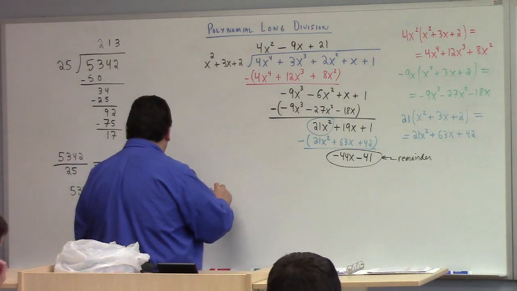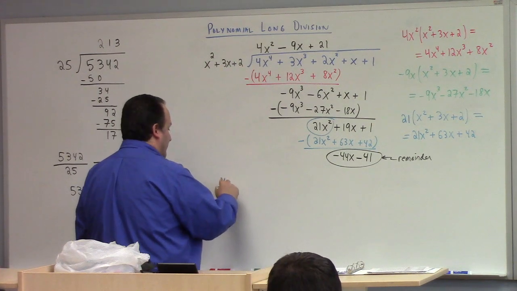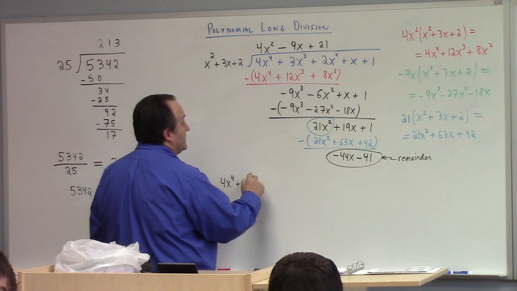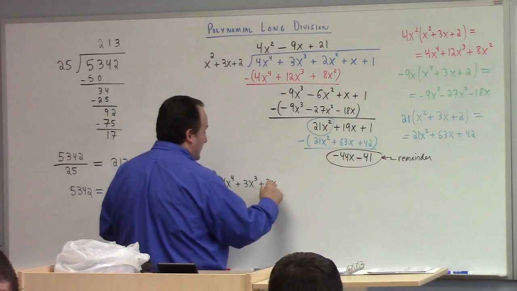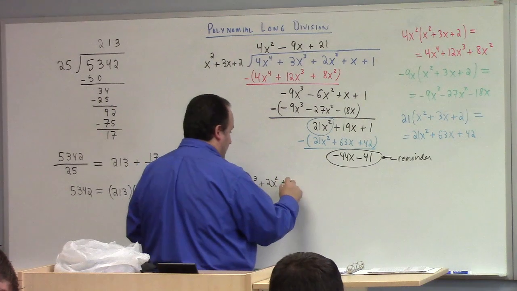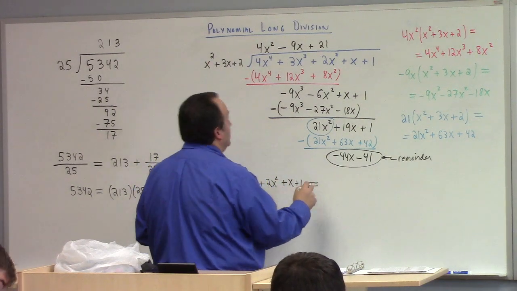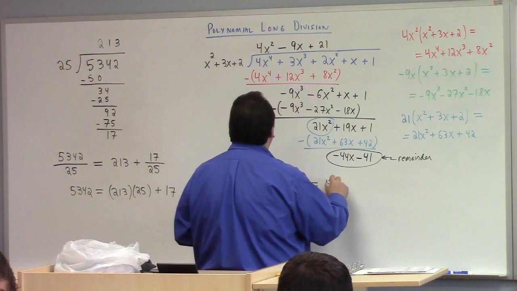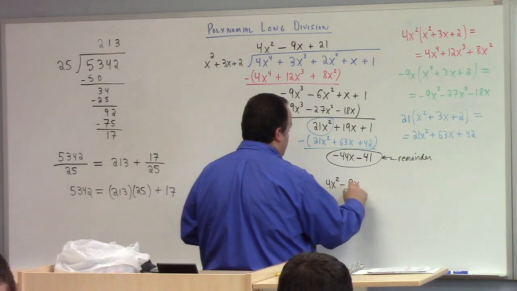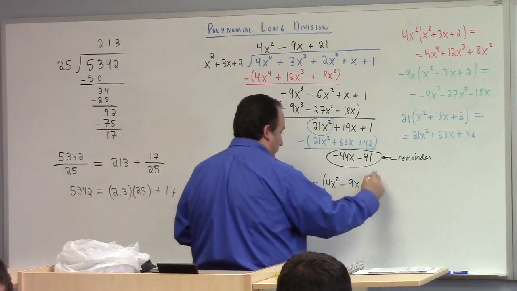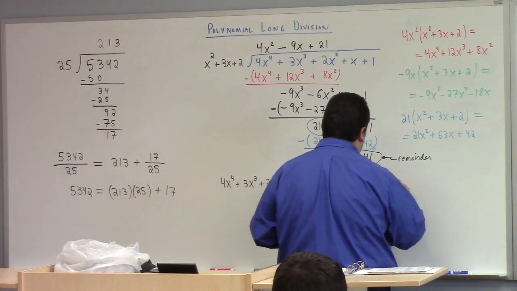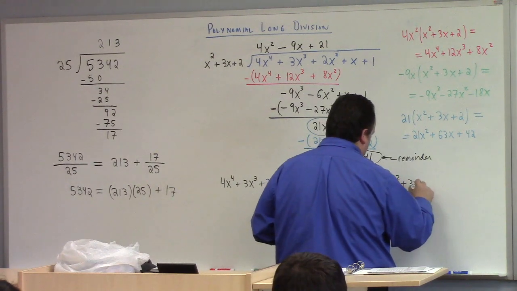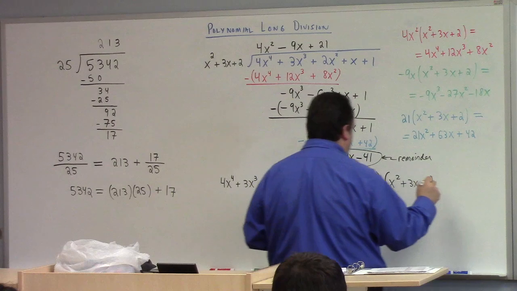It means that 4x to the 4th plus 3x cubed plus 2x squared plus x plus 1 can be written, in fact, as 4x squared minus 9x plus 21 in parentheses times our divisor, x squared plus 3x plus 2, plus the remainder.